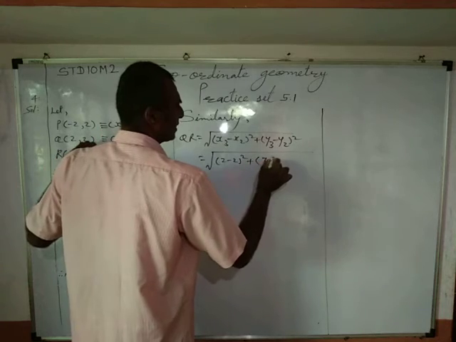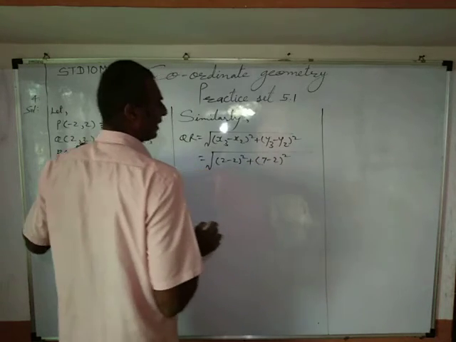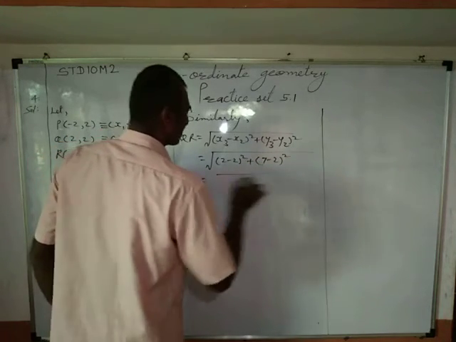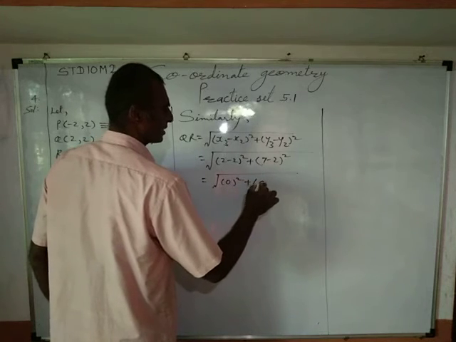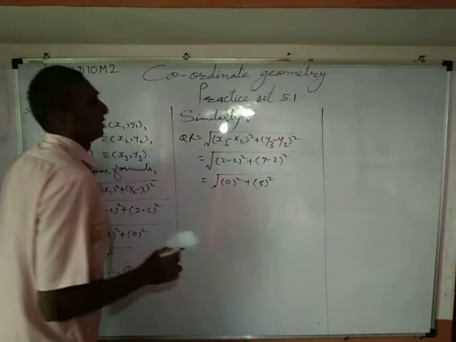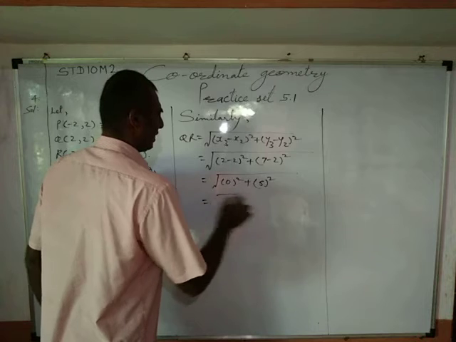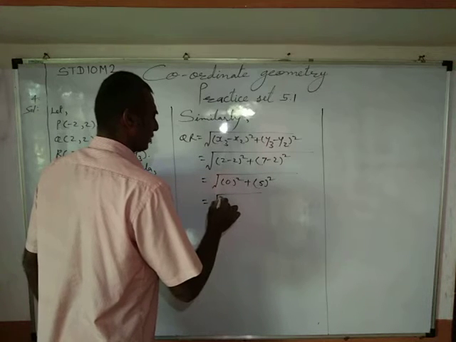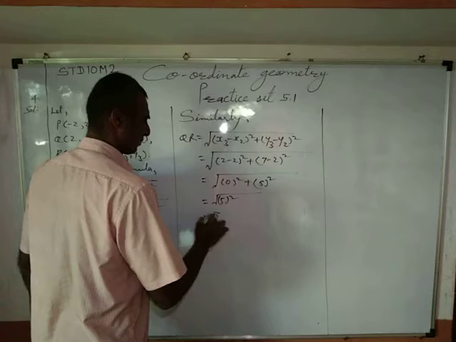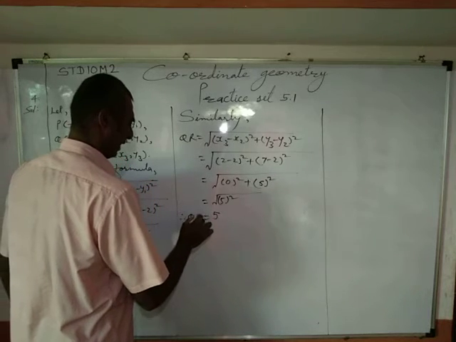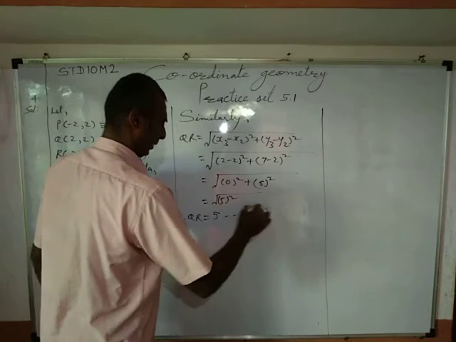That's why it will be 7 minus 2 bracket square, equals under root 0 square plus 7 minus 2 gives us 5 its square, equals under root 5 square, which means 5. Therefore, QR equals 5. Equation second.